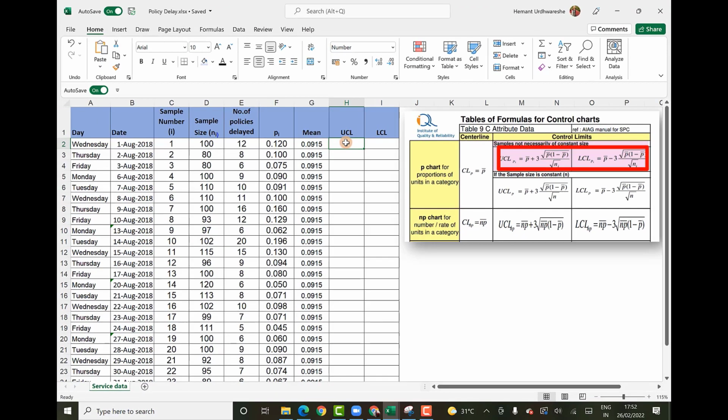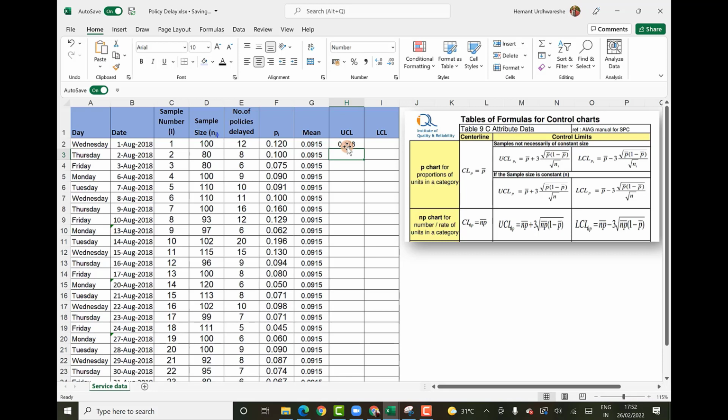So I enter UCL equal to P bar, that is mean, plus 3 times square root of P bar into 1 minus P bar, so that is again G2 star 1 minus G2, and that is the numerator, but I have to divide this by Ni, which is 100, and then complete the bracket.